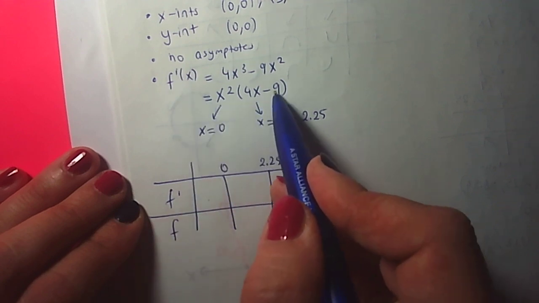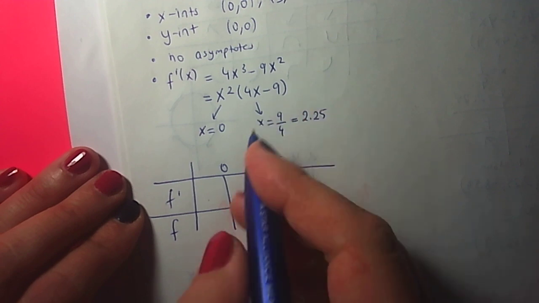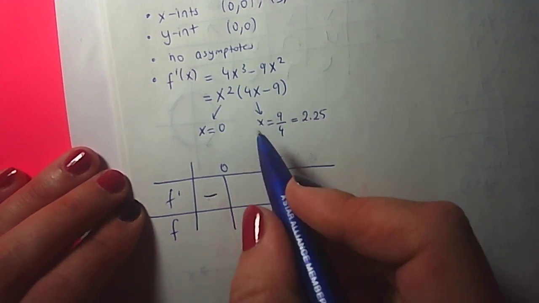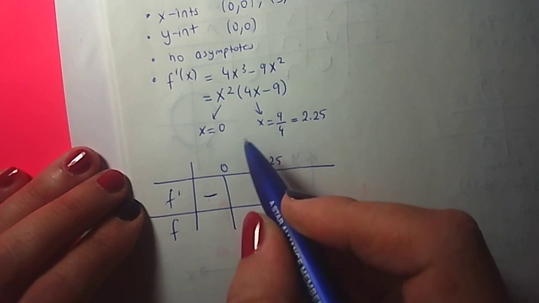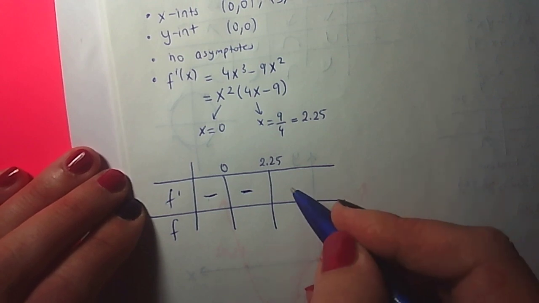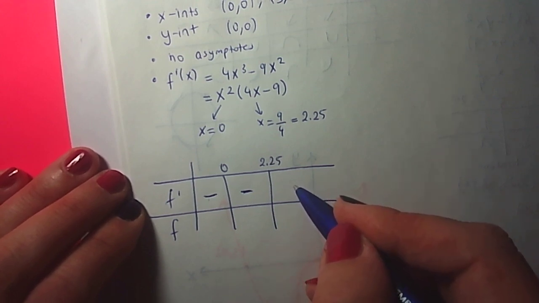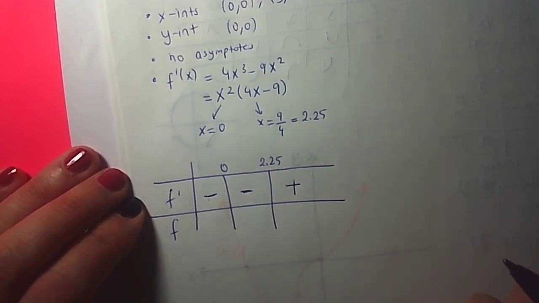So I'm just going to sub the value here for 4x minus 9. Negative 1, sub in here, you get a negative value. Pick a value between 0 and 2.25, let's say 1, you get again a negative value. For the last interval, we can pick 3, and you get a positive value for the first derivative.